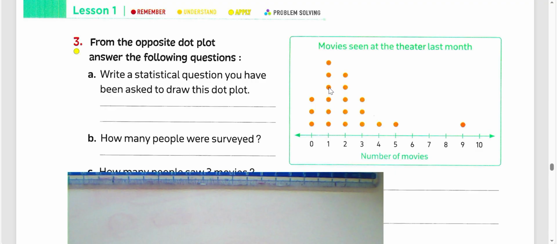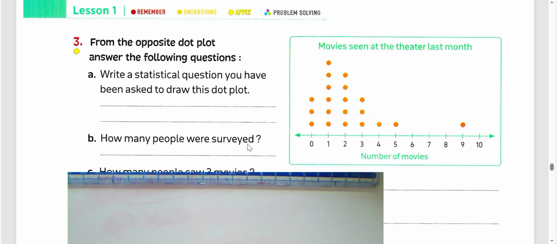Six students saw movies at the theater last month. Okay, asking about the movies. Number of movies 1, 2, 3, 4. How many students saw 1 movie? Or how many students saw 3 movies?